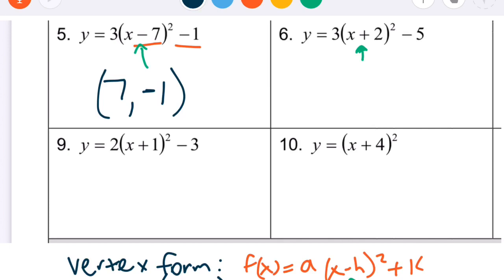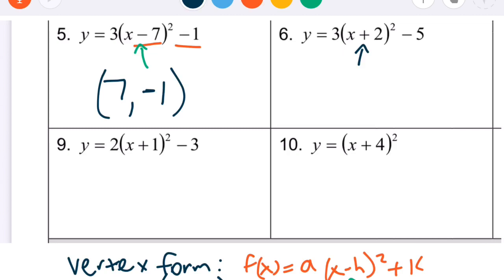So now for number 6, remember the vertex form is (x minus h) squared. So here we have x plus 2. That is a plus sign. So what that means is this 2 has to be negative.